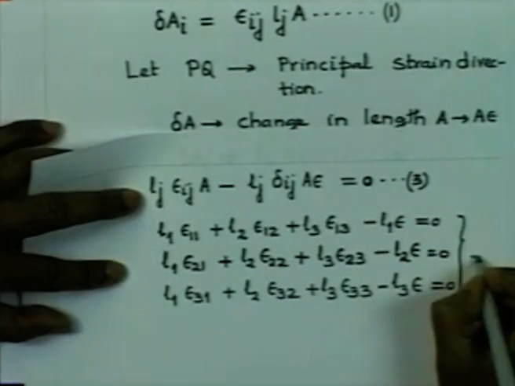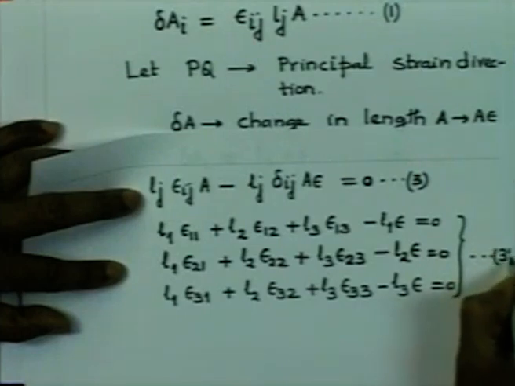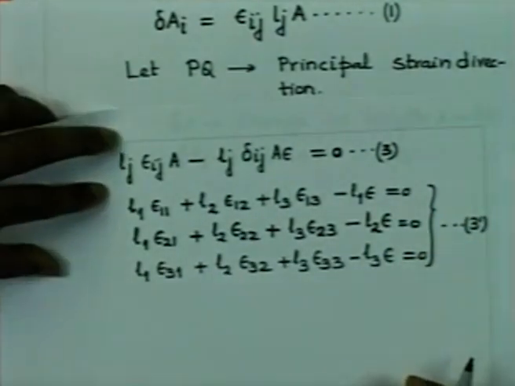This is the expanded form of equation 3, let us indicate it by 3 dash.